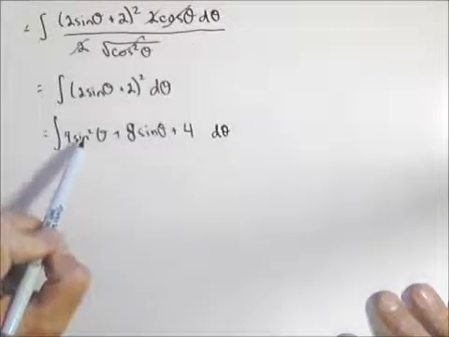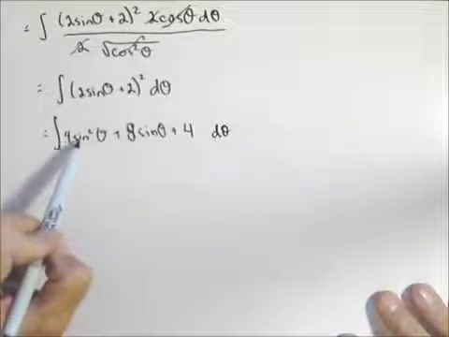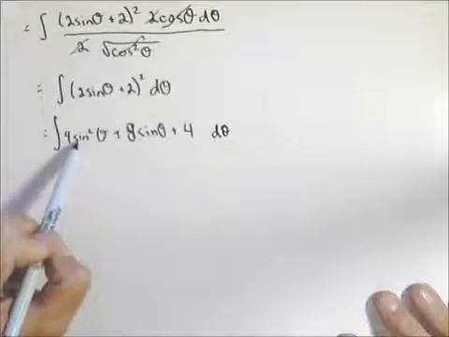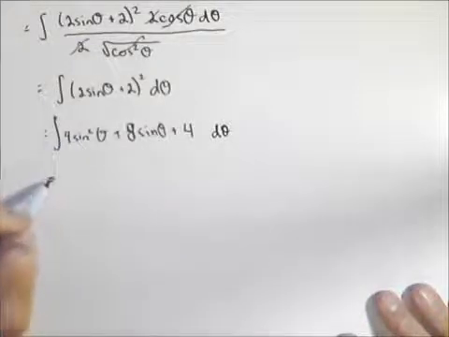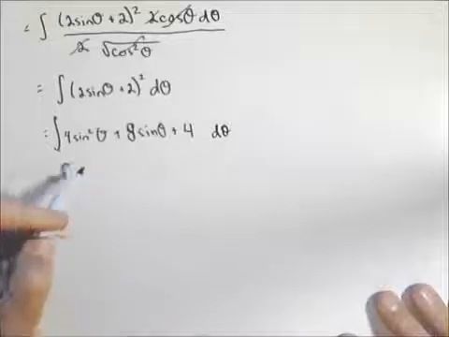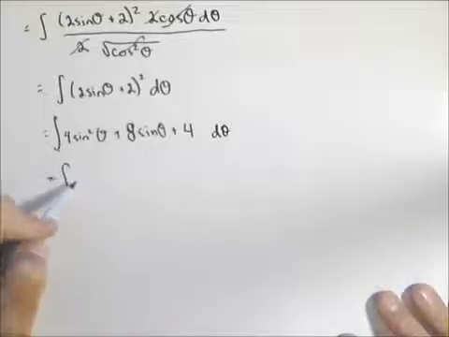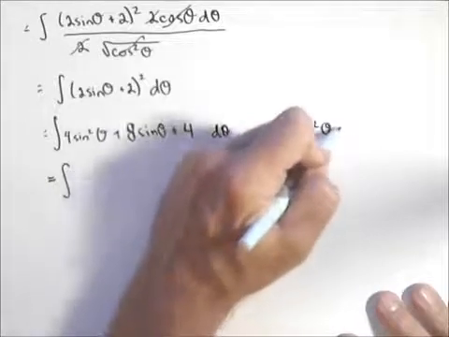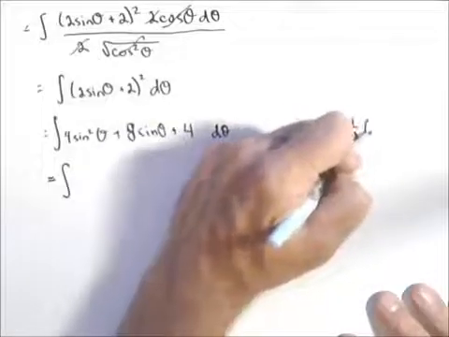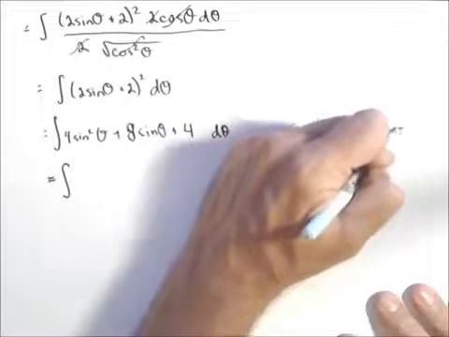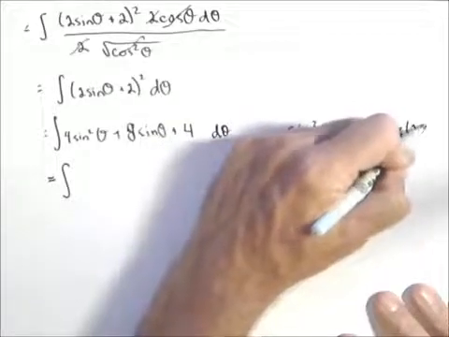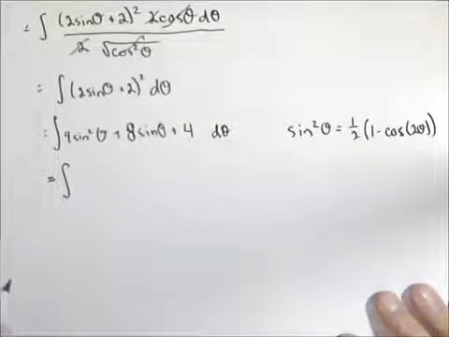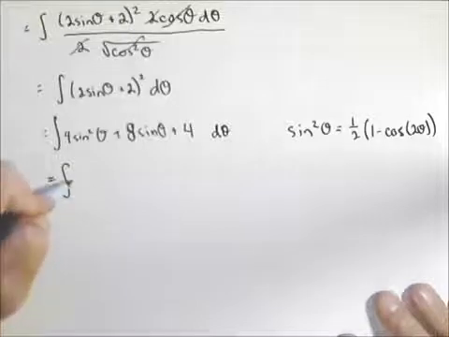The thing is, dealing with a sine squared theta is not really straightforward. Either you can use the tables of integrals, or you can use a trigonometric substitution. So we're going to use a double angle identity that says that sine squared theta is equal to 1/2 times 1 minus cosine of 2 theta.